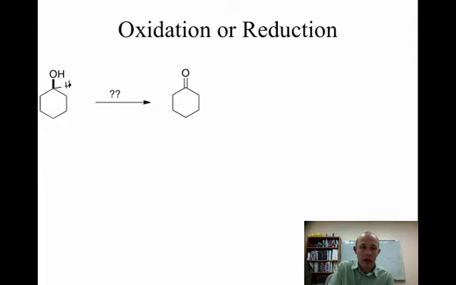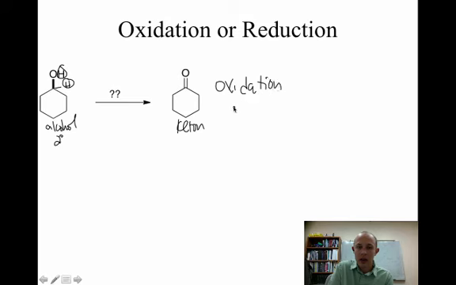But if we go from an alcohol to a ketone, we've removed this hydrogen, we've removed this hydrogen. So we go from an alcohol, in this case a secondary alcohol, to a ketone. That's an oxidation, because we removed two hydrogen atoms, or H2.